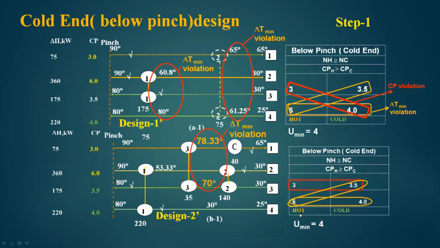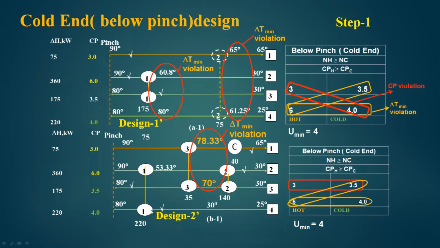Now, another match can be put between 6 and 3.5. 6 is the number 2 stream because its CP is 6, and the number 3 stream has a CP of 3.5. So, I can put a heat exchanger, which is heat exchanger number 2, between these two streams.